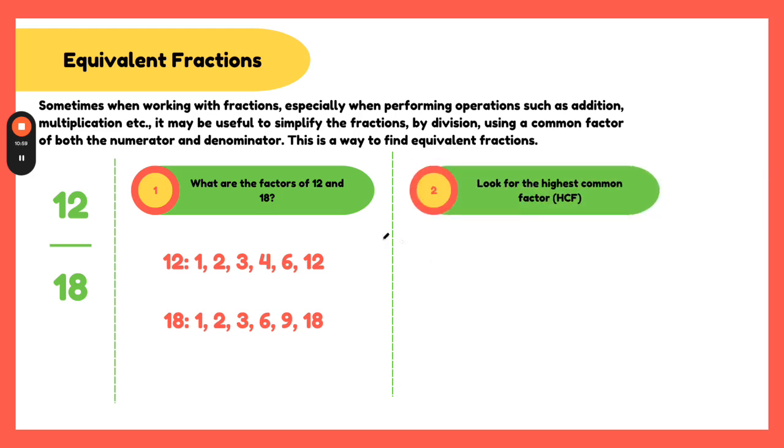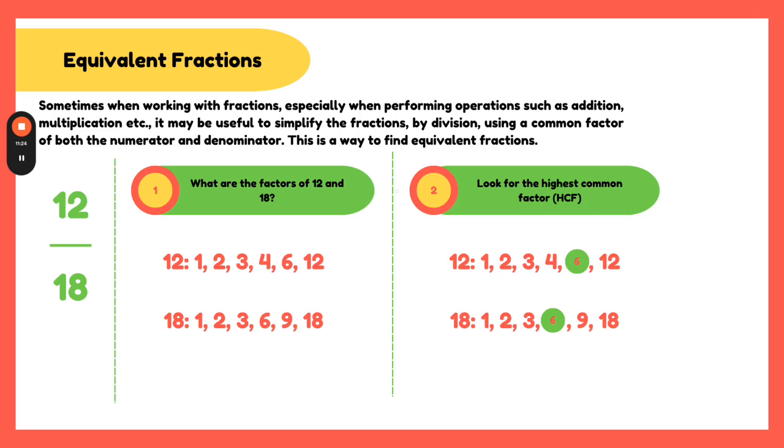Then, after finding the factors, we look for the highest common factor. So what is the highest common factor? Well, the highest common factor is the highest number which is a factor of each of the numbers without leaving any remainders.